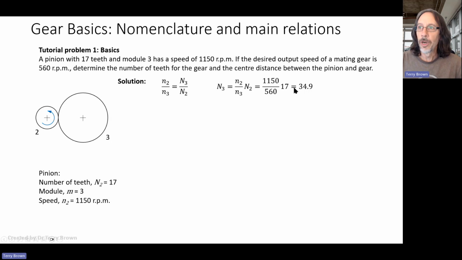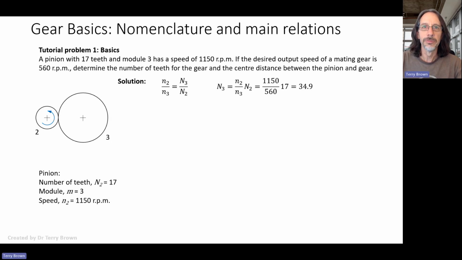The other thing that might influence your decision is the stock gears that you have available. So if you say, I need a 35 tooth gear, you go to the manufacturer's catalog and you'll find that they don't make a stock 35 tooth gear with a module of 3. It might be 32 and, let's pick a number, 40.